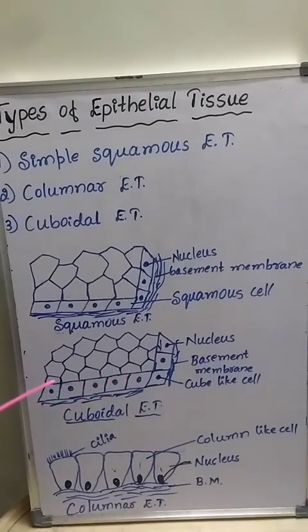And cilia may be present or absent on cuboidal epithelial tissue. If cilia are present on the free surface of the cuboidal epithelial tissue, then it is called ciliated cuboidal epithelial tissue.